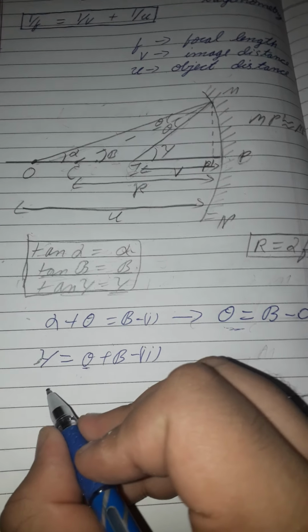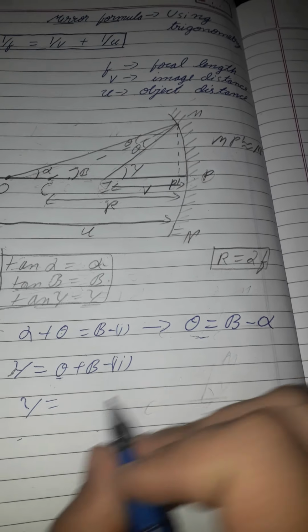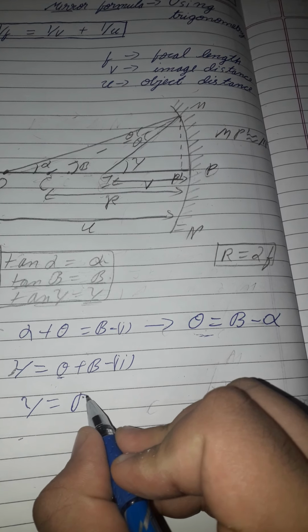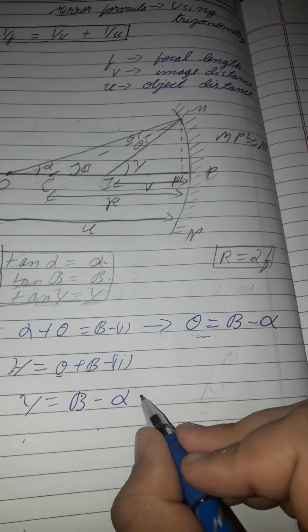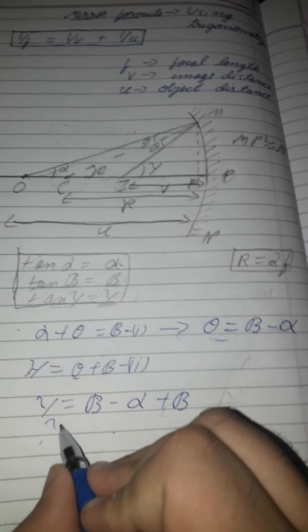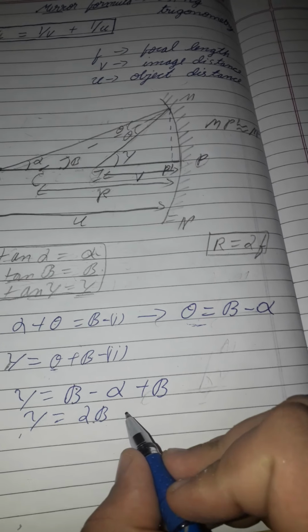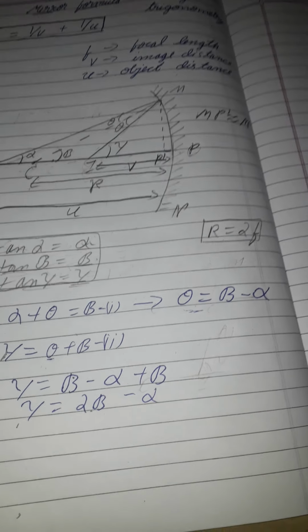So we will get that gamma is equal to, instead of theta, beta minus alpha, plus another beta that is here. So next step, gamma is equal to 2 beta minus alpha.